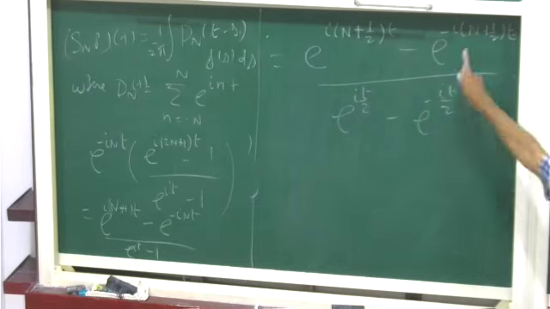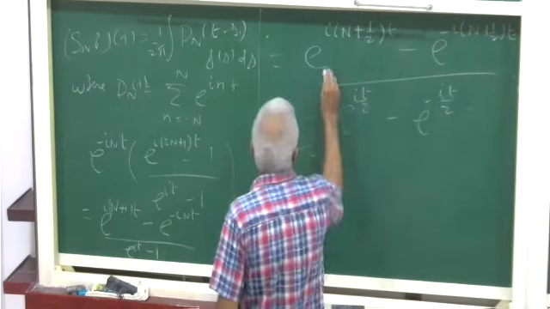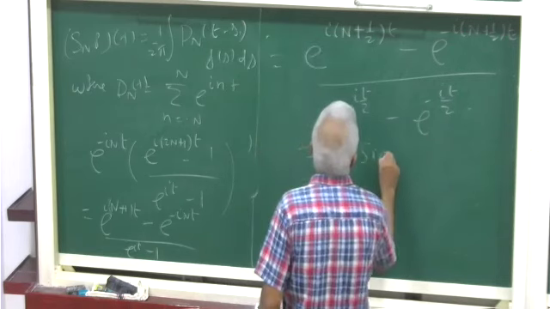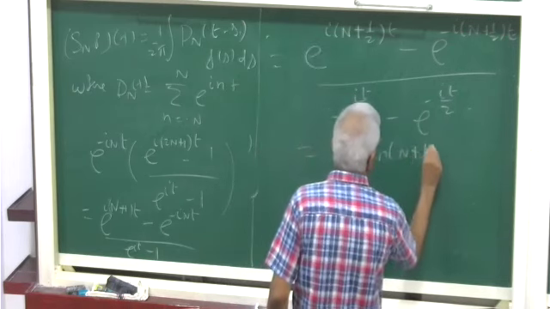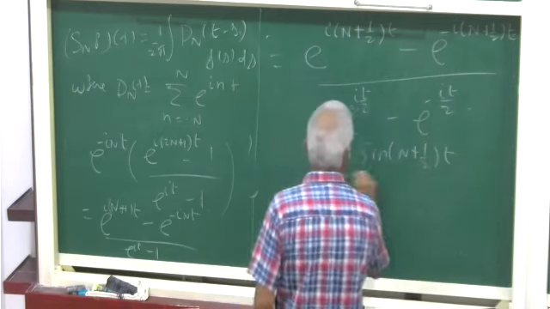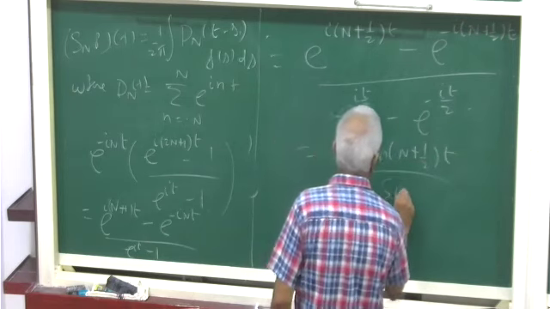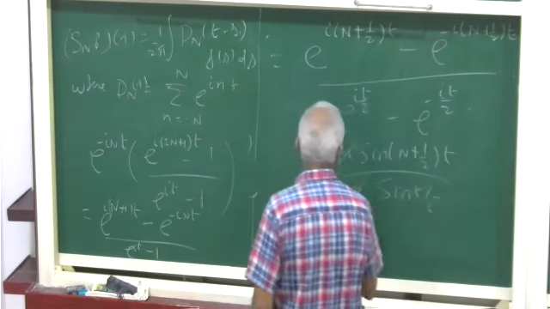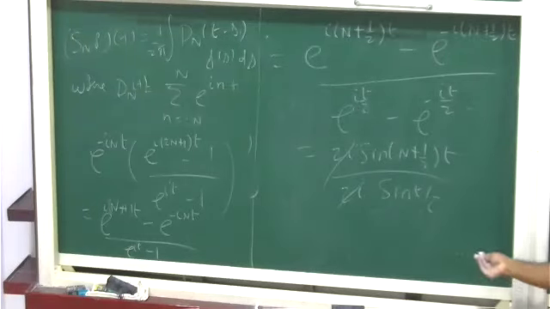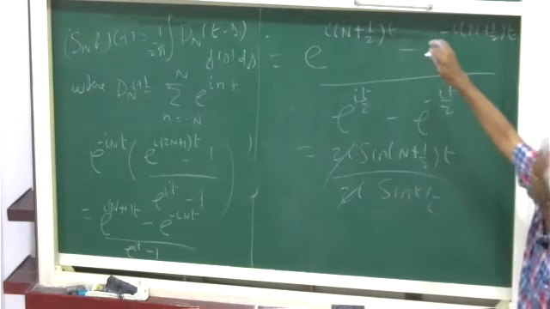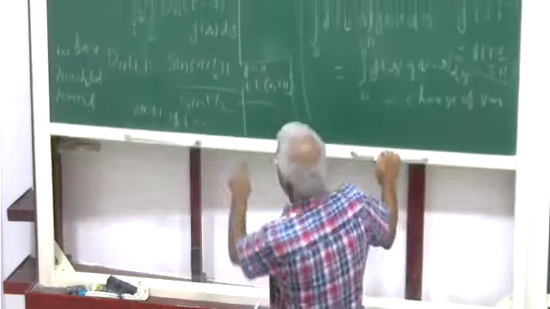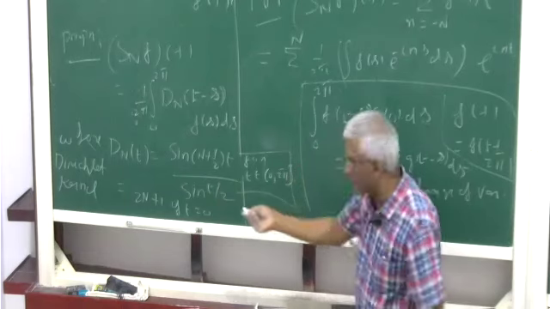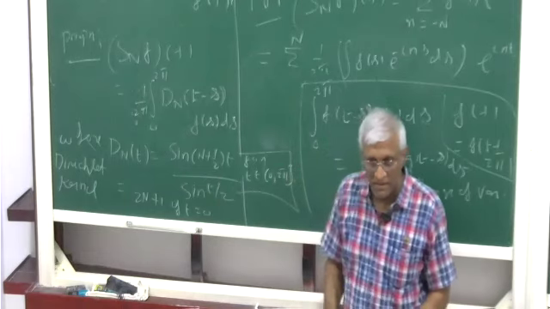I have just put e power i t by 2 in both the places and cancelled. So it is sin of n plus half t by sin t by 2. Okay. This is what we wanted: sin of 2n plus 1 by 2. This is the formula. Okay.